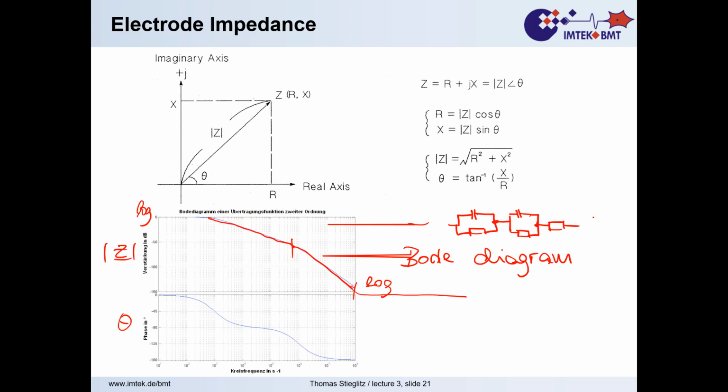Or we can say, well, if we put that into the imaginary plane, we get the real part of that and the imaginary part of that. And that is equivalent. Real part and imaginary part, if they come together, this is called the Nyquist diagram.